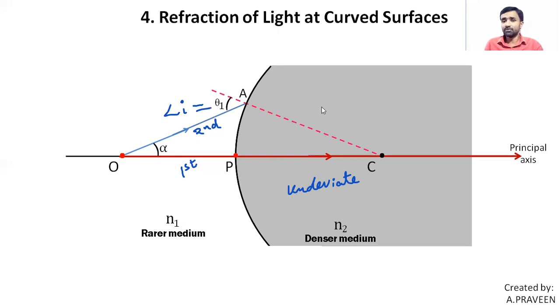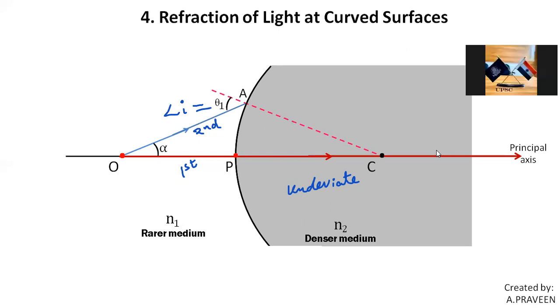Then, can anybody predict the behavior of the light ray after refraction at point A? We discussed it in the morning class. The behavior of a light ray we are able to predict depending on the rarer medium, denser medium, and depending on the direction of propagation.